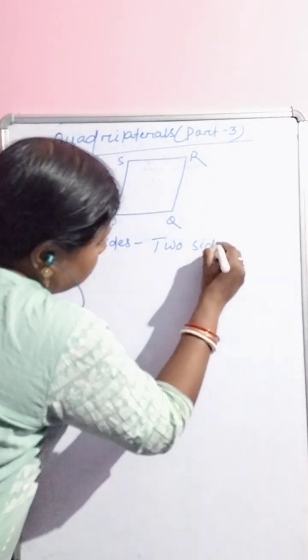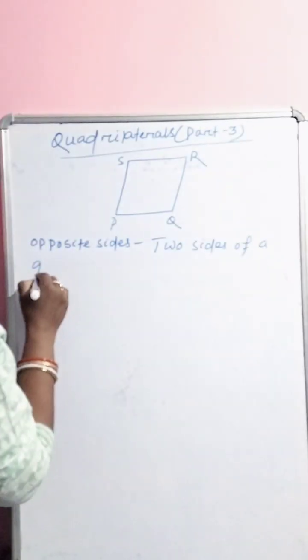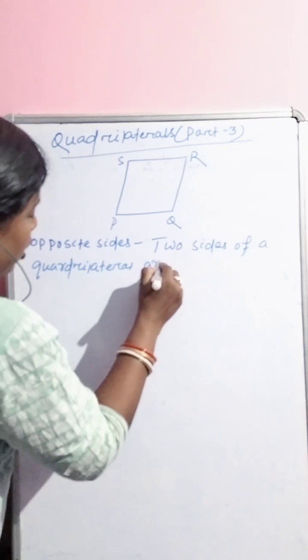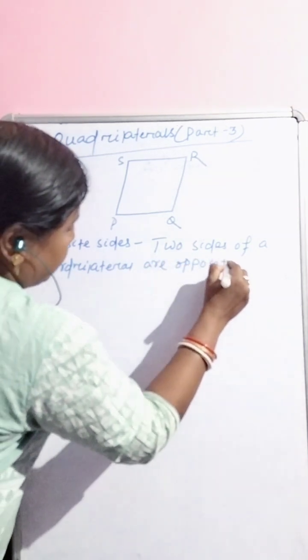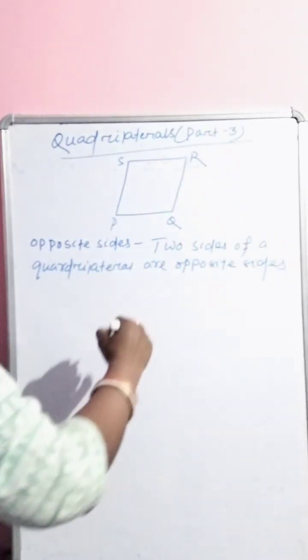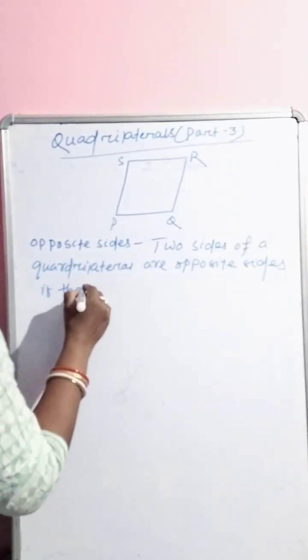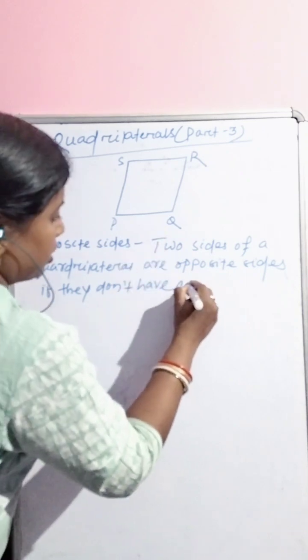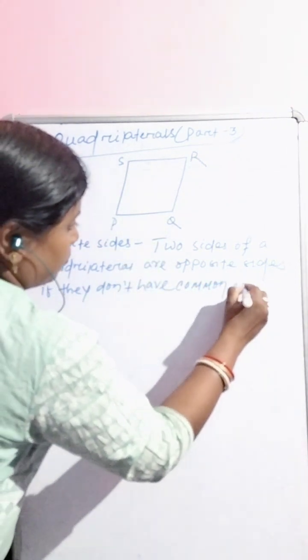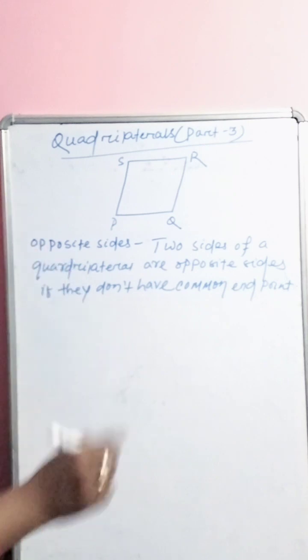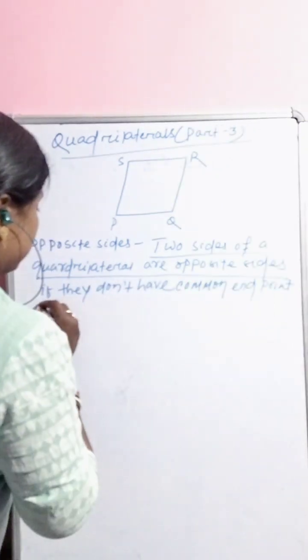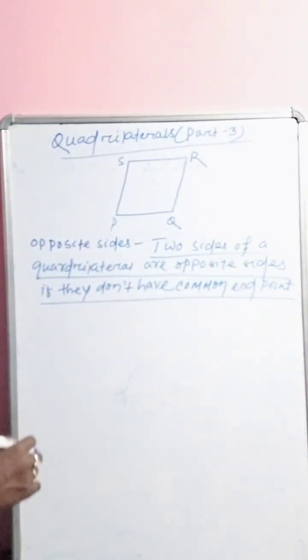Two sides of a quadrilateral are opposite sides if they don't have a common endpoint, or otherwise called a common vertex.